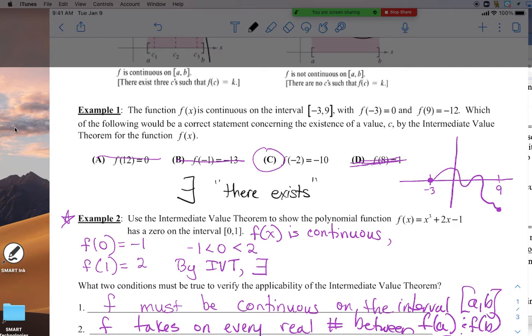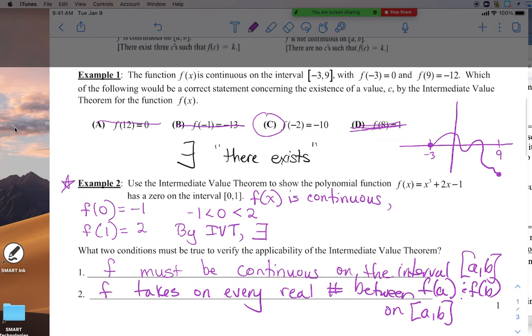Again, I'm taking you very high level here. Upper level mathematics, okay? So we're going to say by the intermediate value theorem, there exists a number C such that f of C equals 0. S.T. is very common to abbreviate for such that.